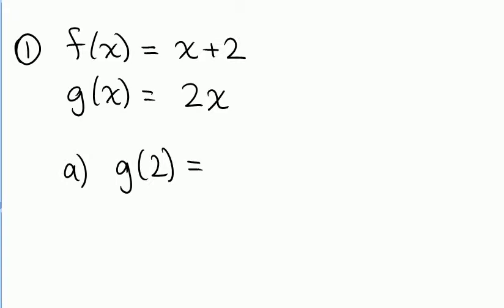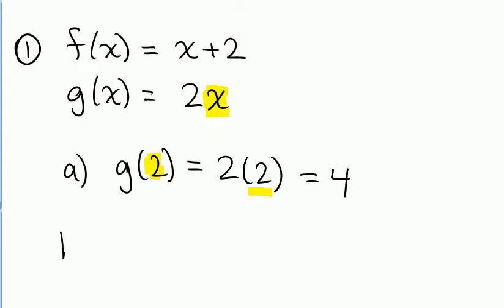So g of 2 just means take 2, plug it into the g function for the x value. So you end up with 2 times our 2 value, and 2 times 2 is 4. So you're doing that same basic step with a more complicated function when you're doing compositions.